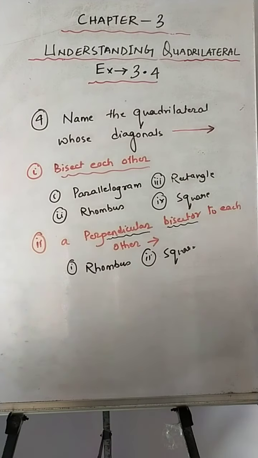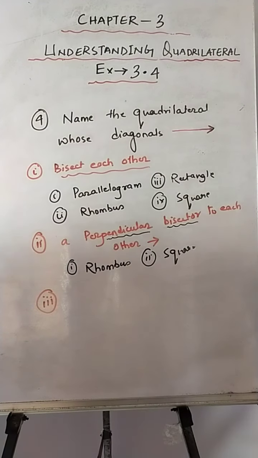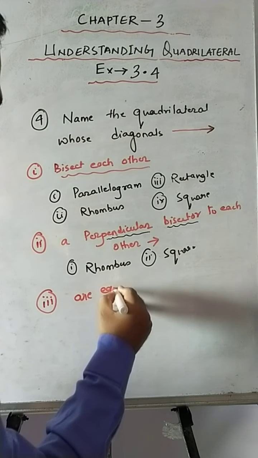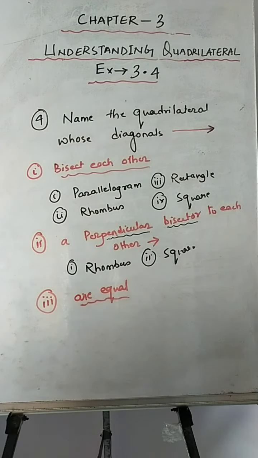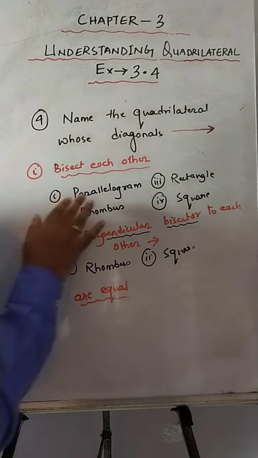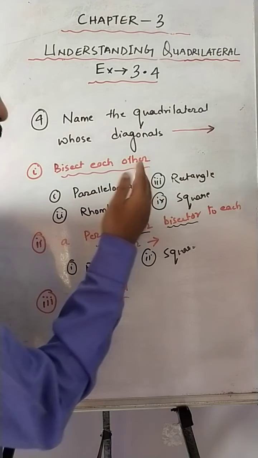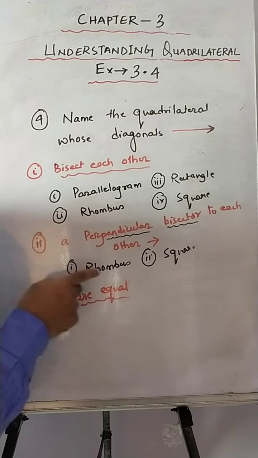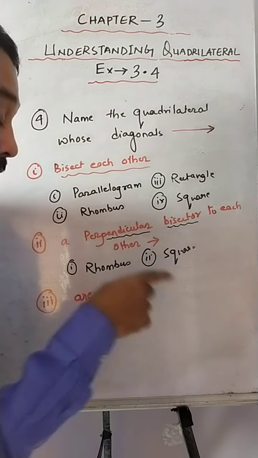Now let's discuss sum number 3. What is sum number 3? We have to say in which quadrilateral the diagonals are equal, students. As we have learned, in these four quadrilaterals diagonals bisect. In sum number 2 we discussed that in these two quadrilaterals the diagonals bisect and also make 90 degrees.